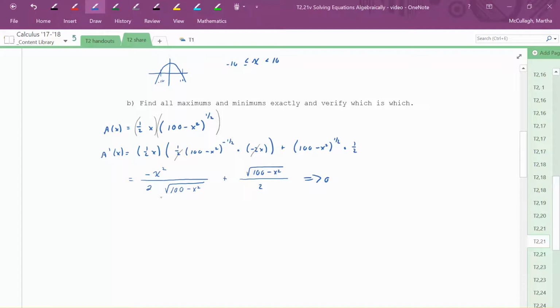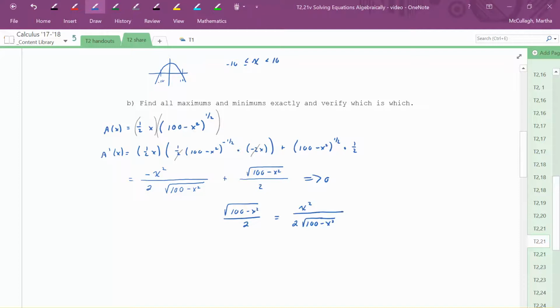So since this term is negative, I'm going to add it to each side. That's going to allow me to not have to deal with that negative again. So I'm going to keep this term on the left. I've got my 100 minus x squared over 2 equals, adding this term to each side, positive x squared now over 2 square root of 100 minus x squared.